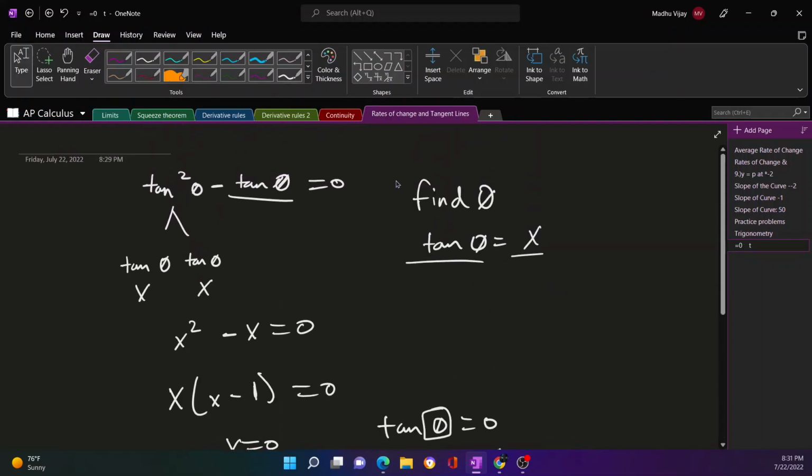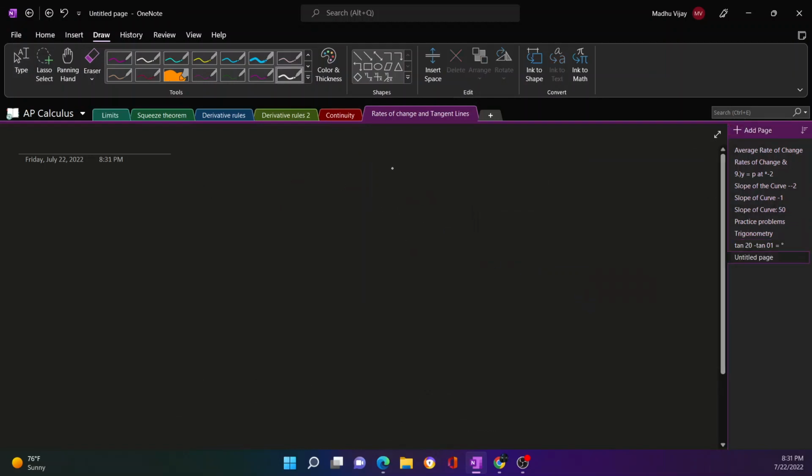Now, for the second way on how to do this, let's just write it all over again. Tan squared theta minus tan theta is equal to 0. So now we can just factor out tan theta as a common factor.